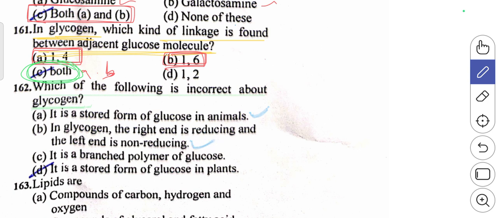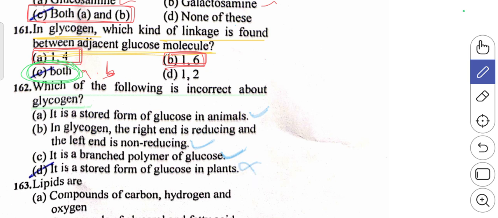The right end is always considered reducing, whereas the left one is considered non-reducing. C, it is a branched polymer of glucose. This is also true. The last statement, it is a stored form of glucose in plants. This is wrong.